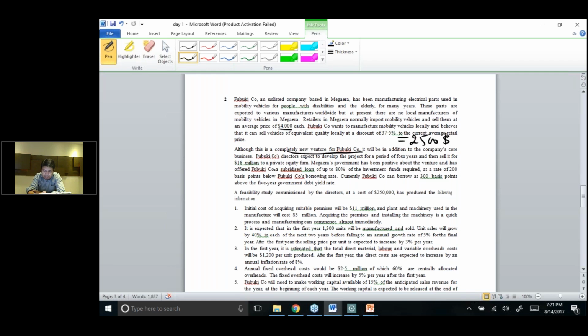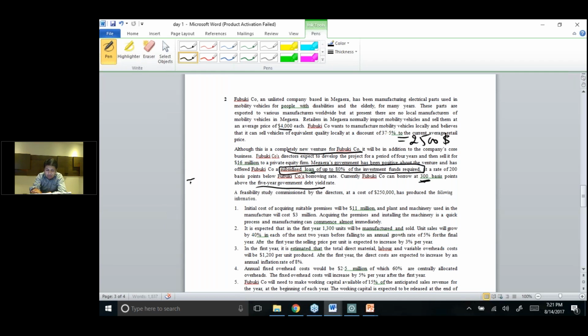Okay, the company can take subsidized debt of up to 80% of the investment fund required. So the subsidized debt is 80% of the funds required at a rate of 200 basis points below the Fubuki company borrowing rate. And the company current borrowing rate is 300 basis points above the 5-year government debt yield rate, and that is the risk-free rate.